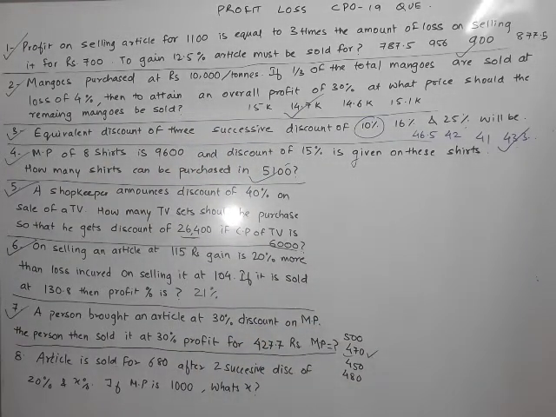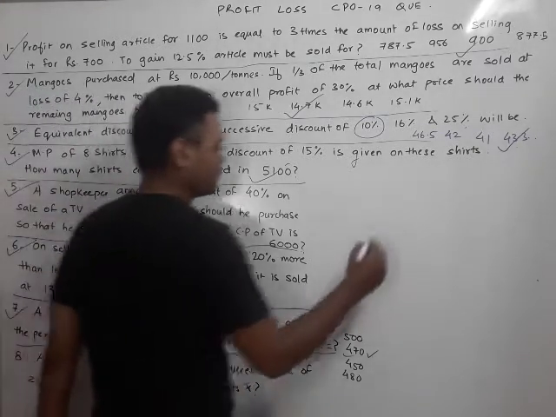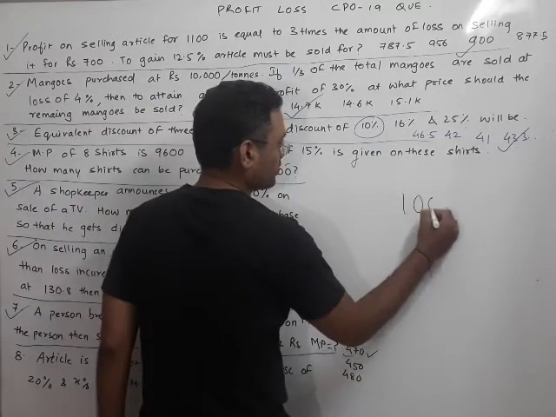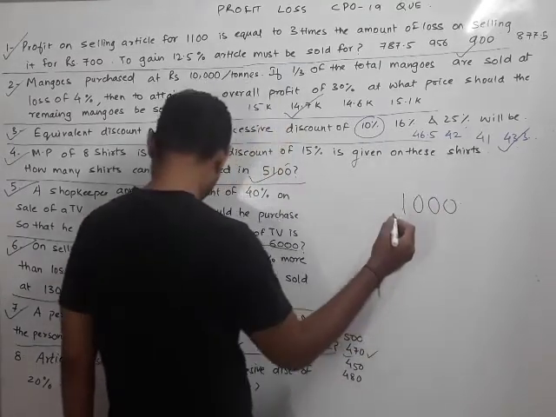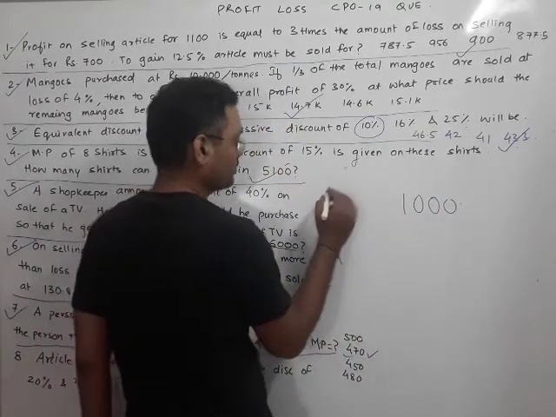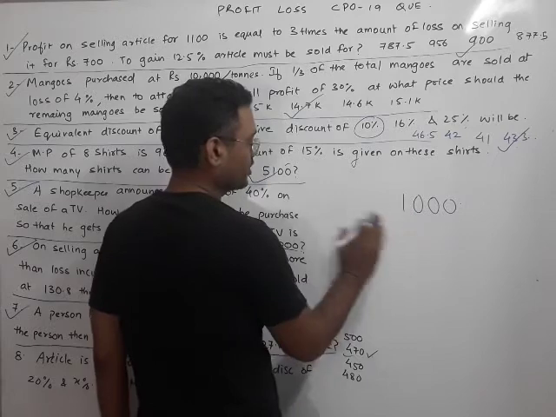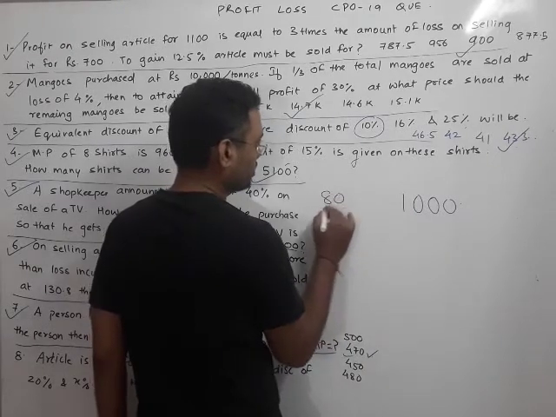An article is sold for 680 after 2 successive discounts of 20% and X%. If the mark price is 1000, what is X? 1000 rupees is my mark price. My first discount is 20%. Mathematically, how are we solving it in a generic way? My first is 80%.